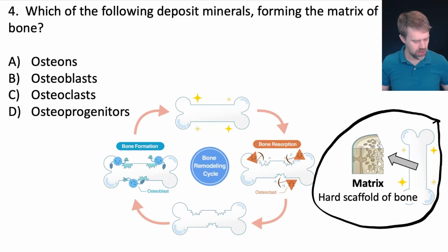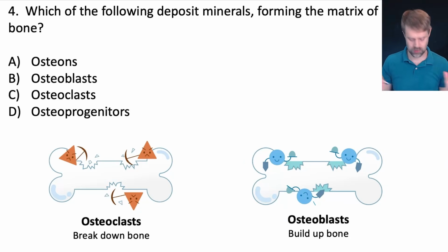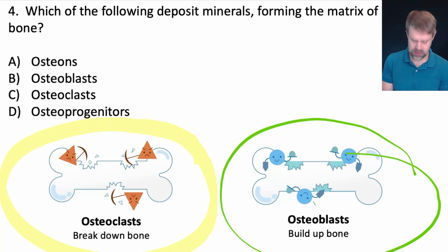Now, the 2 cells you need to know about, most importantly for a question like this, are osteoclasts and osteoblasts. Osteoclasts, their job is to break down bone. On the other hand, osteoblasts build up bone.